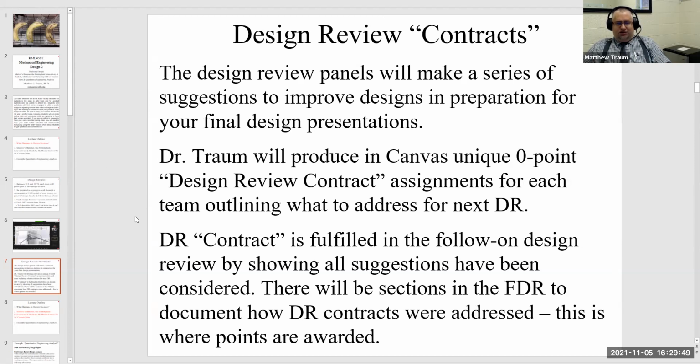Even if the suggestions are silly, we ask that you at least consider them and respond to them in a professional engineering way, which is to simply say, we thought about that, we did this calculation, here's the result of the calculation, your suggestion actually isn't great for the following reasons, right? It causes this part to break, it causes this subcomponent to not operate the way that it was expected.